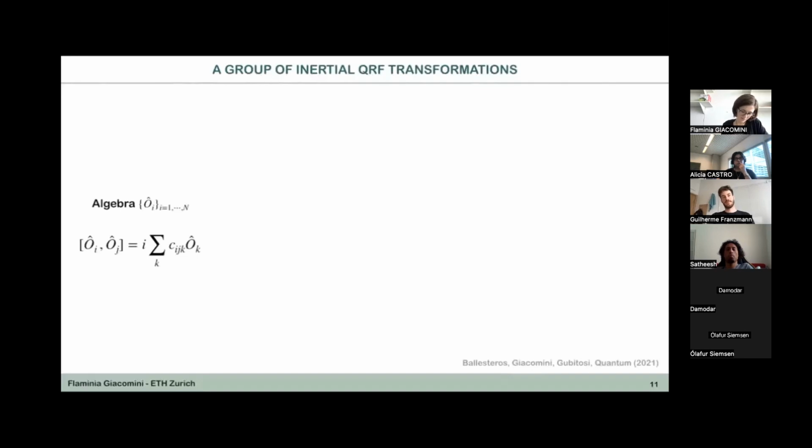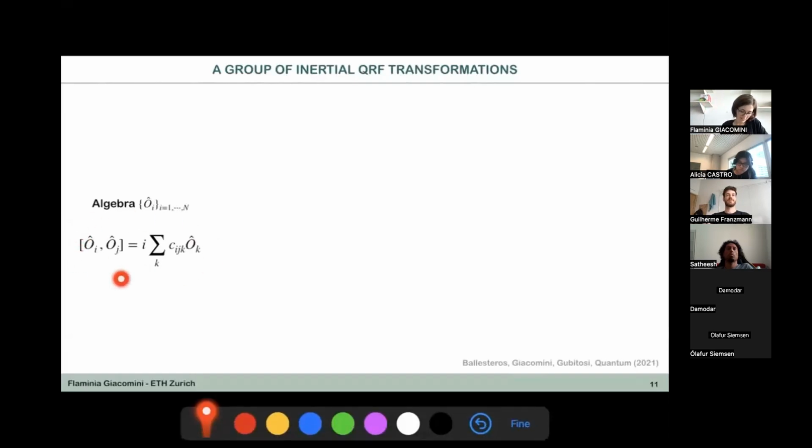So what I mean is that if I write this transformation in an exponential form, then the operators in the exponent of the exponential are the algebra of the group. And if I look at the commutation relation between different elements of the algebra, they should close the algebra.